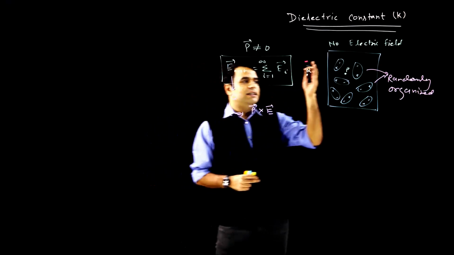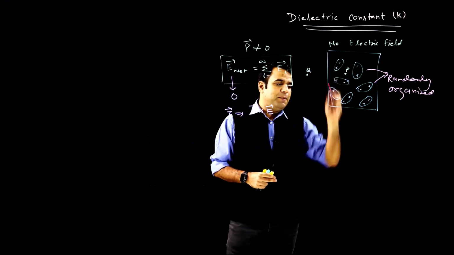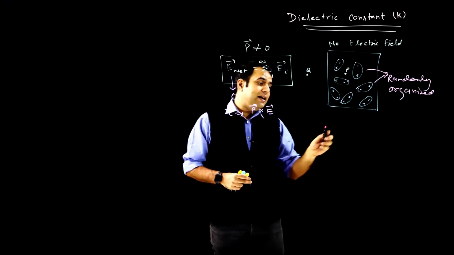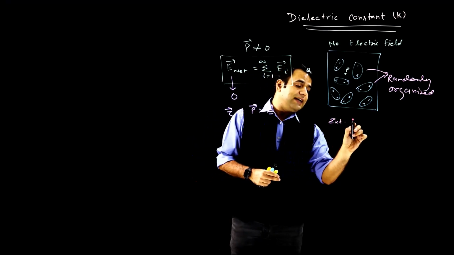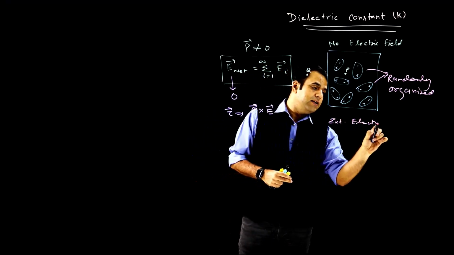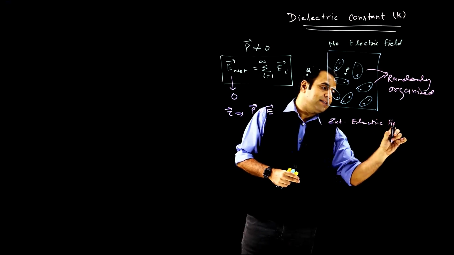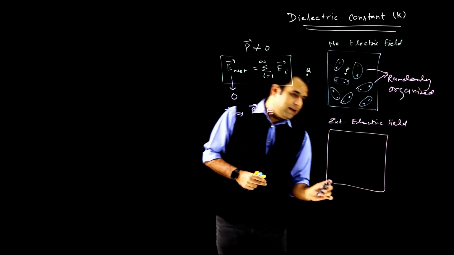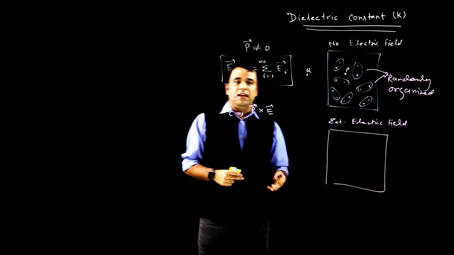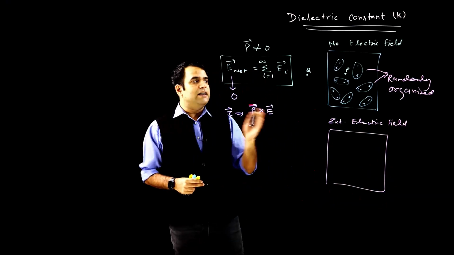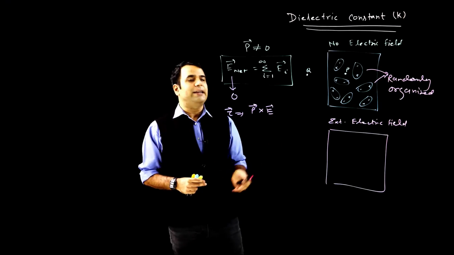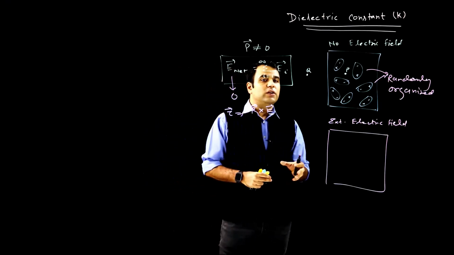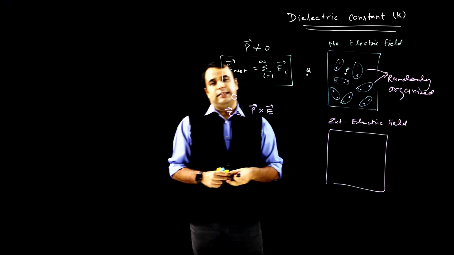So if I generate an external electric field and place this system there, then that external electric field will apply a torque on each and every molecule, and because of that torque, these molecules will start rearranging themselves.